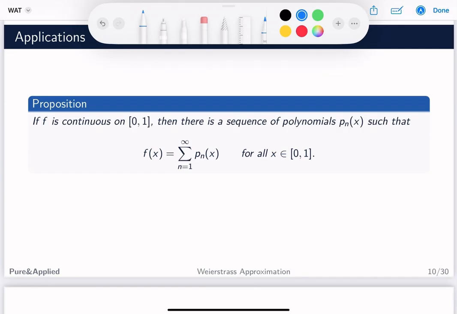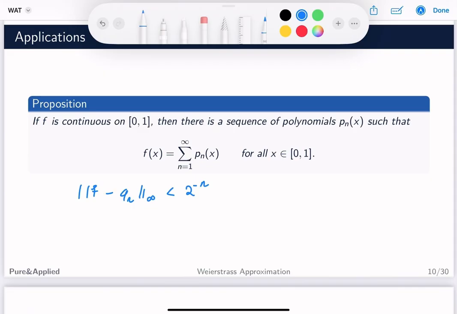Here's what you can do. We know by the Weierstrass Approximation Theorem that f can be approximated by some polynomials q_n, with epsilon taken to be 2 to the minus n.